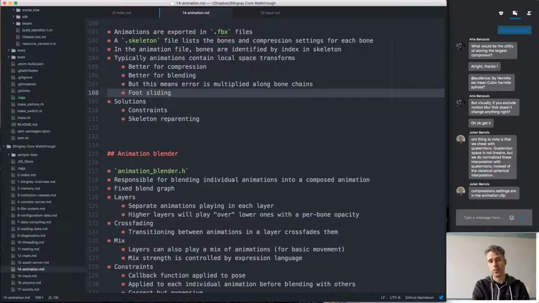When the character is standing still, or when the character is running and the foot is in contact with the ground, in the animation you typically make the foot completely still at any moment that it's in contact with the ground, because you have friction there and the foot wouldn't normally move. But because of this error, you can see the foot sliding around a bit. Even though the foot is completely still in the animation, the error that gets multiplied through the bone chain makes it move a little bit, and you can see a weird movement on the foot.